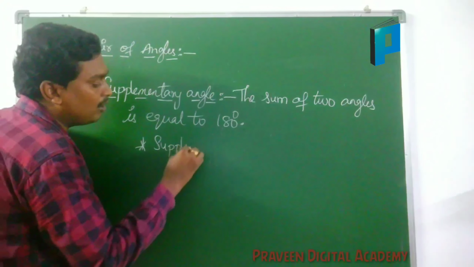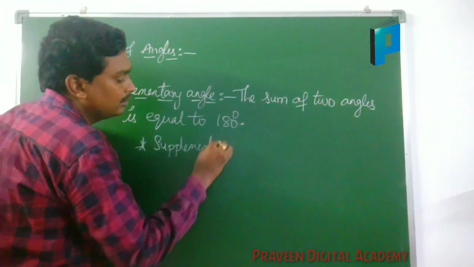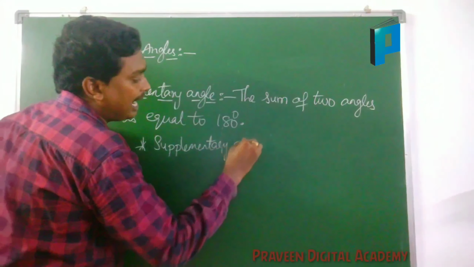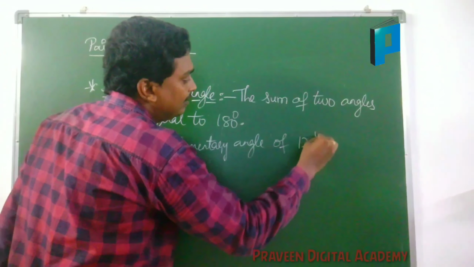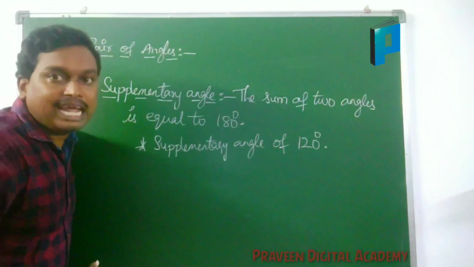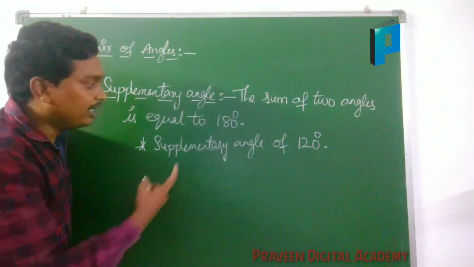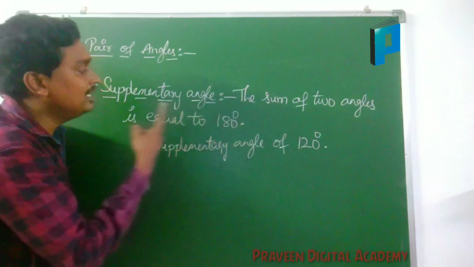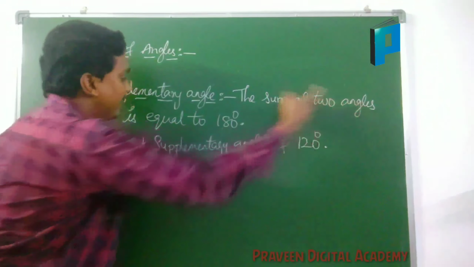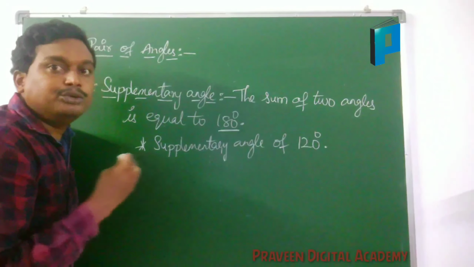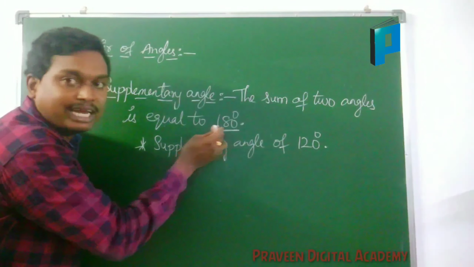Supplementary angle of 120. If they are asking what is the supplementary angle of 120, what do you mean by supplementary angle here? The sum of two angles should be equal to 180. If you add the two angles, you should get exactly 180.